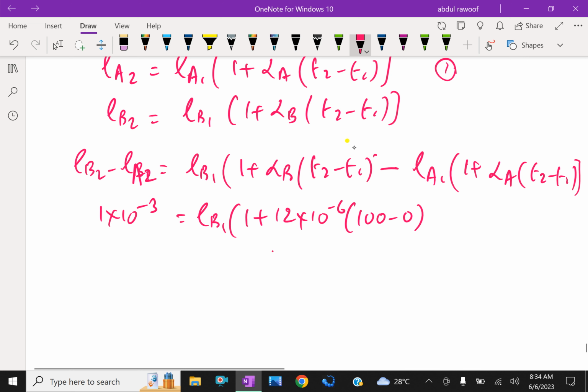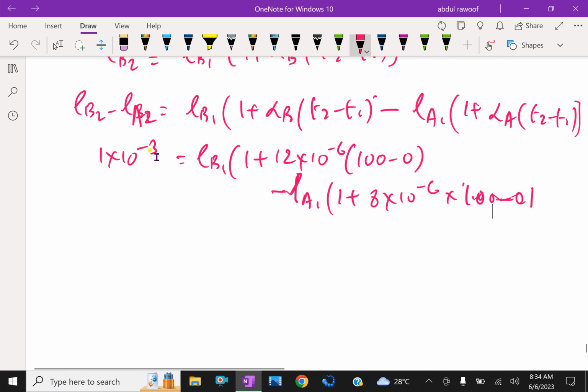Minus LA1 times 1 plus 8 into 10 power minus 6 times 100 minus 0.